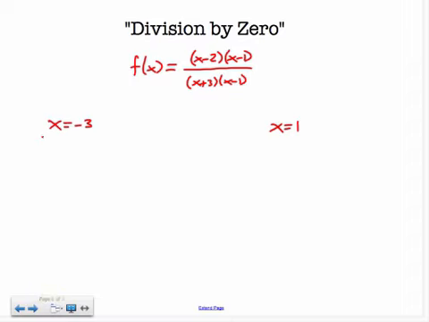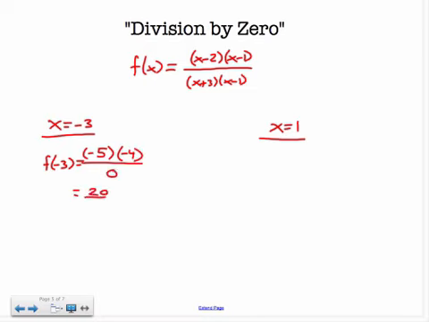Okay, so what happens here? If we try to plug in negative 3 for x, we get the following. f of negative 3 would be negative 5 times negative 4 divided by 0. 20 divided by 0, which you know is undefined.